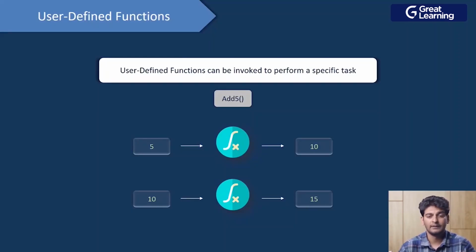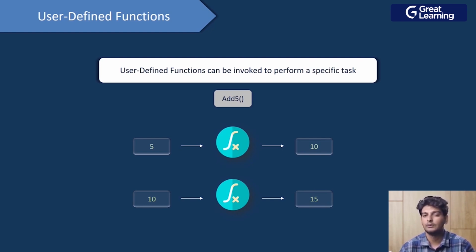Now let's head on to the user-defined functions. So simply put, user-defined functions can be invoked to perform a specific task. So that task could be anything. So let's say you want to create a calculator. Now to create a calculator, you want to create individual modules. So you want one module which is used for addition, one module for subtraction, one module for multiplication, and so on.